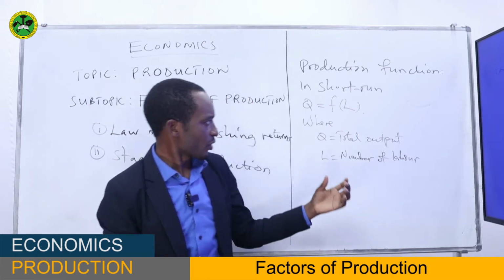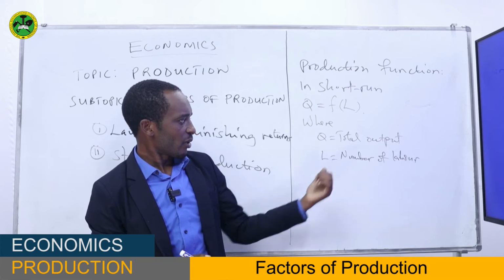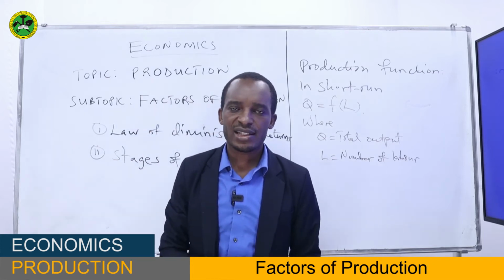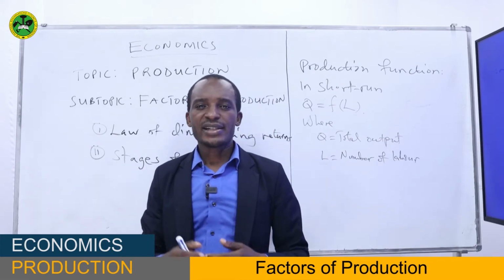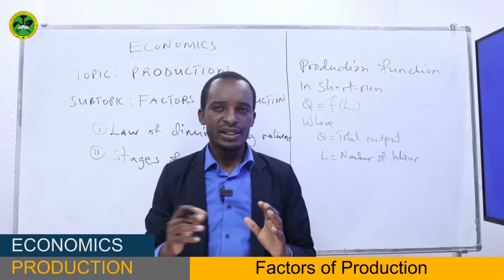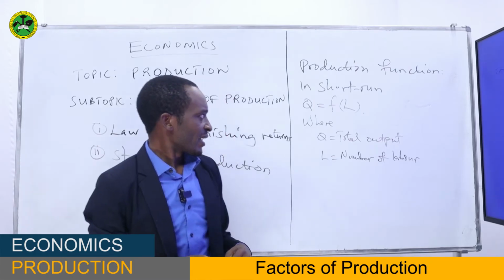So in short run, we consider the variable labor while other factors like capital, land, and entrepreneur are kept constant.